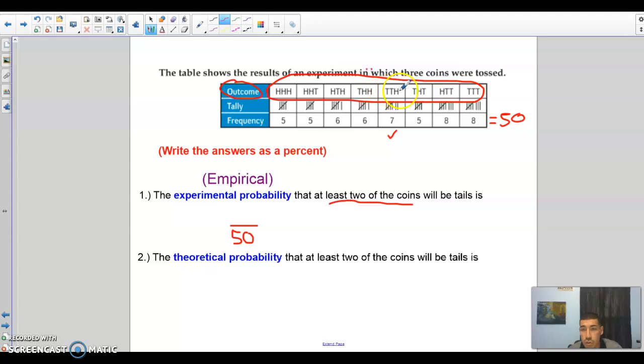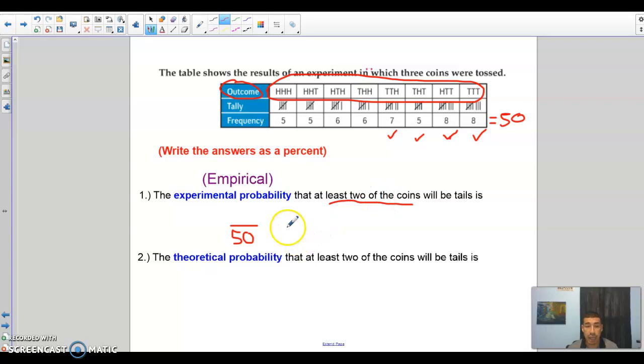You got 2 tails and a head. Here 2 tails? Yes. You got 1 head and 2 tails. So that's a favorable event. And on the very last one, I got 3 tails, but that counts because remember the question said at least 2 of the 3 coins were tails. So 3 tails is at least 2.